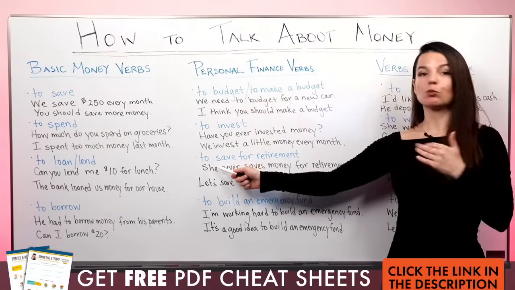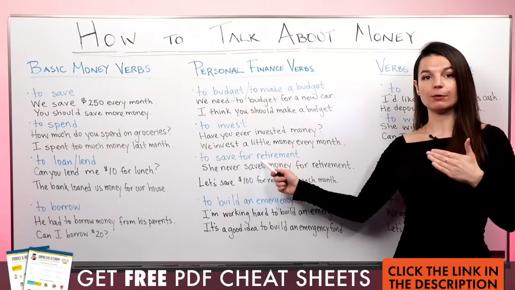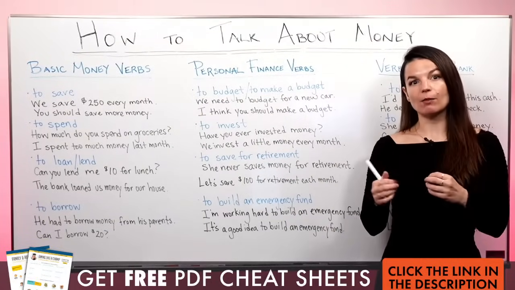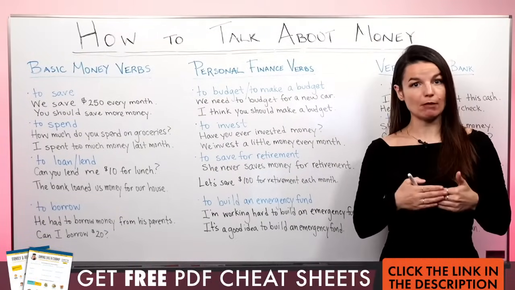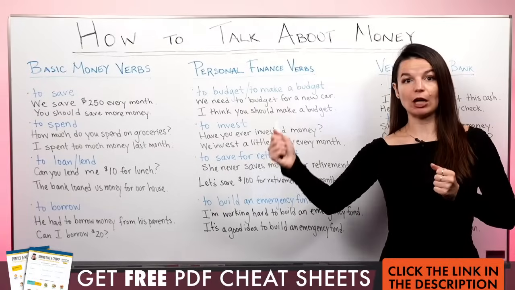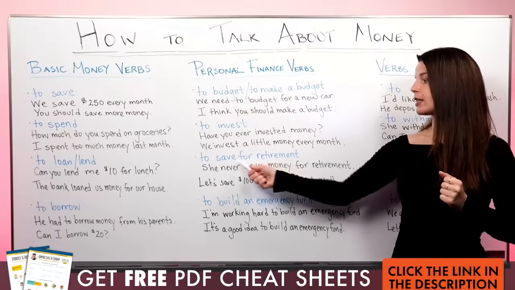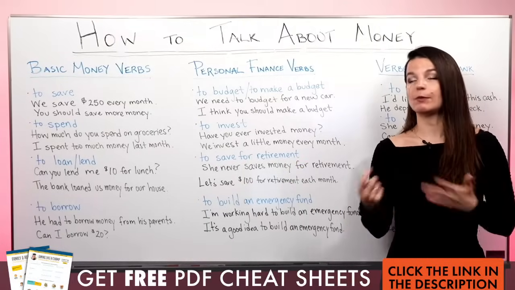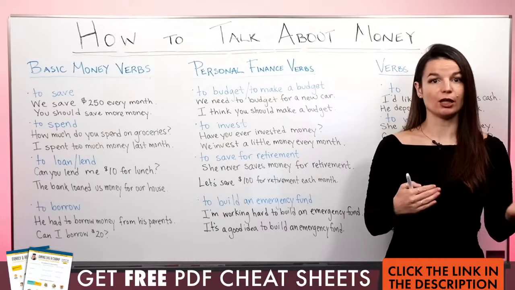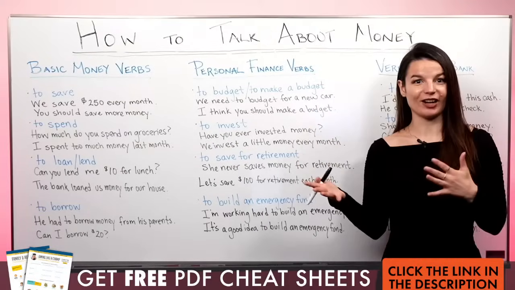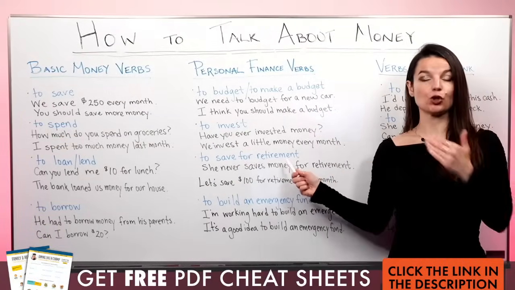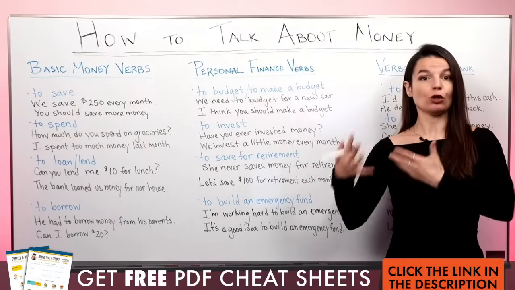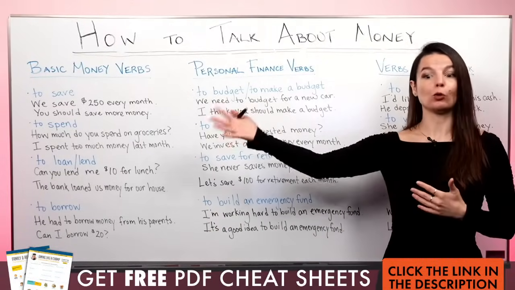So we have this expression, to save for retirement. Of course we can say just save money, but when we want to talk about saving money, keeping money for a specific plan, we use this pattern, to save for, in this case, retirement, yeah? Maybe you have a special savings plan for vacation or to save for a new car, right? But this one is very common, to save for retirement. Every year, every month, you save some money for when you are older, yeah?